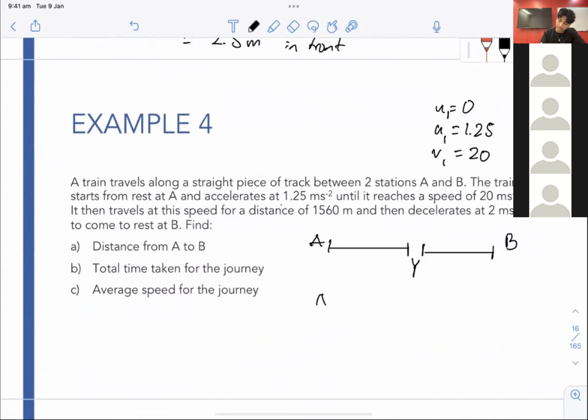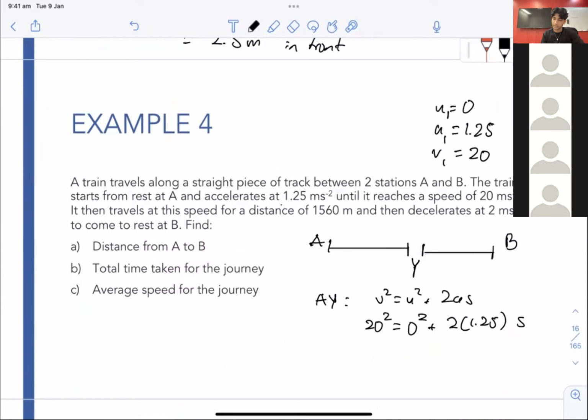So for A to Y, V squared equals U squared plus 2AS. V is 20 squared. U is 0 squared. A is positive 1.25. And we're finding S.